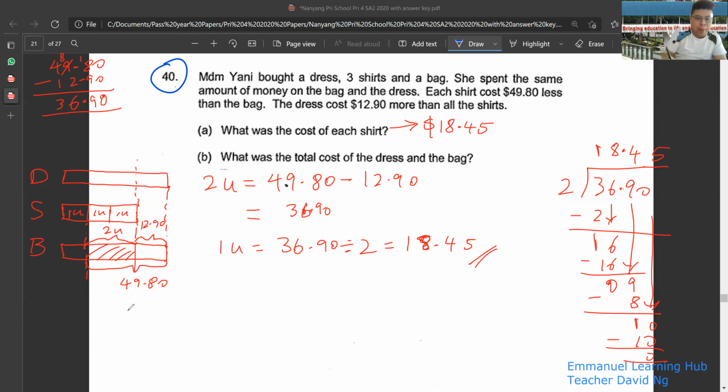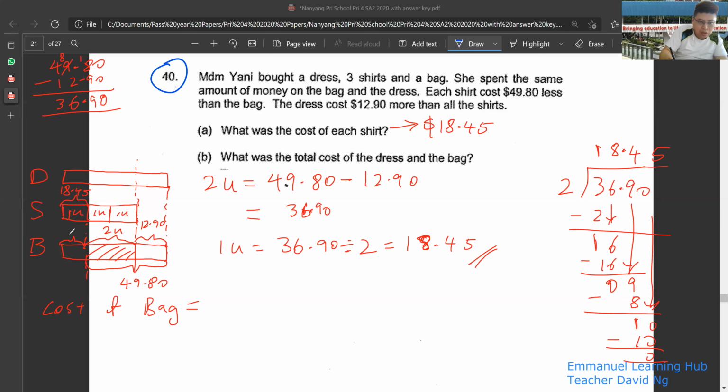Can you find the cost of the bag now? On the model, you can tell. Now you know 1 unit is 18.45, right? So this part is how many?